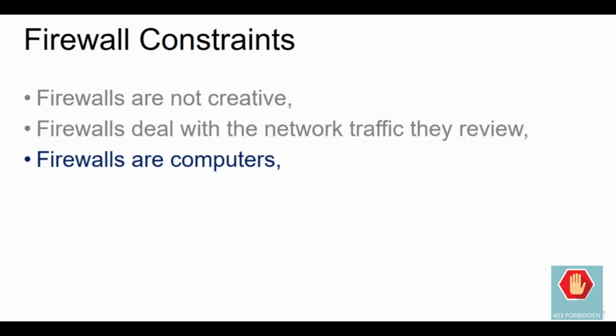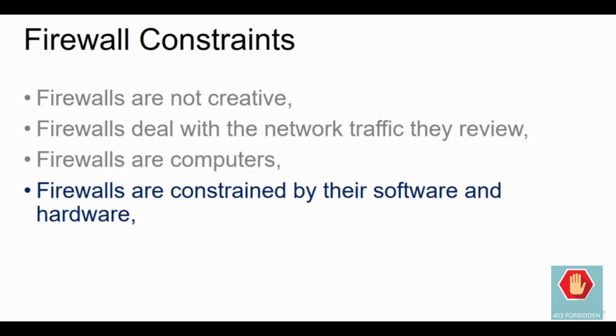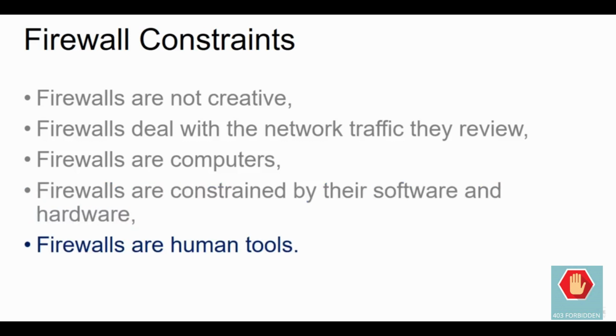At their heart, firewalls are computers and thus prone to the same errors, flaws, and vulnerabilities that other computers are. Firewalls are designed to function within the limits of their software and hardware and can only respond to patterns of events in a certain way. Firewalls are configured, built, and used by people, and thus subject to human error themselves.